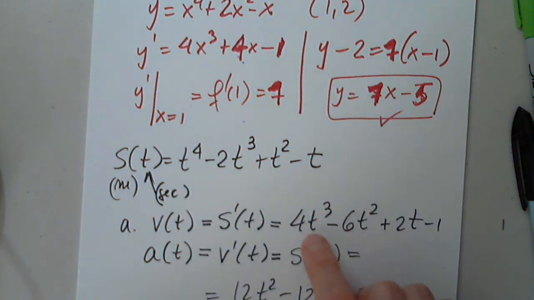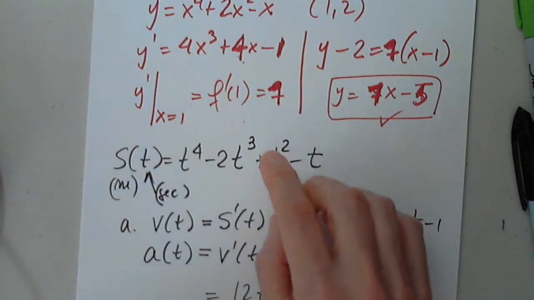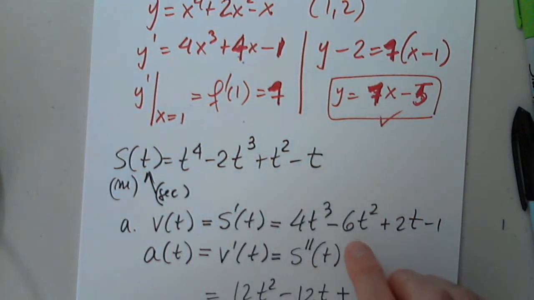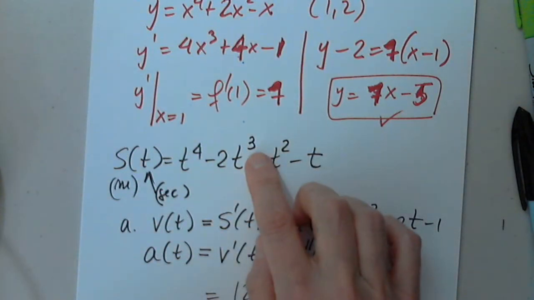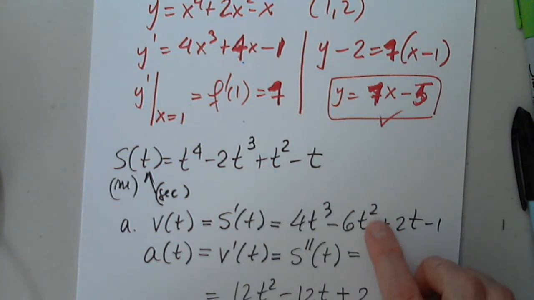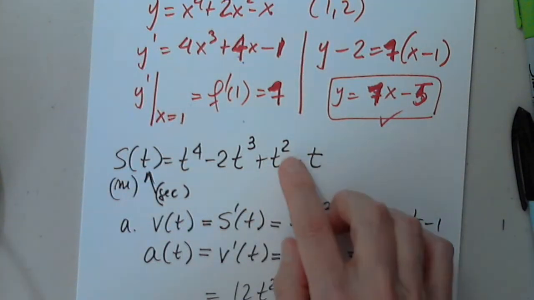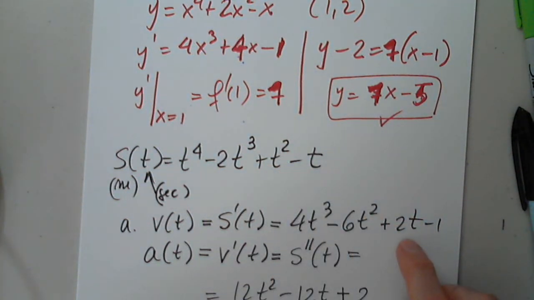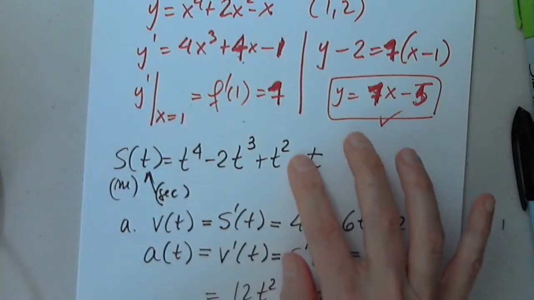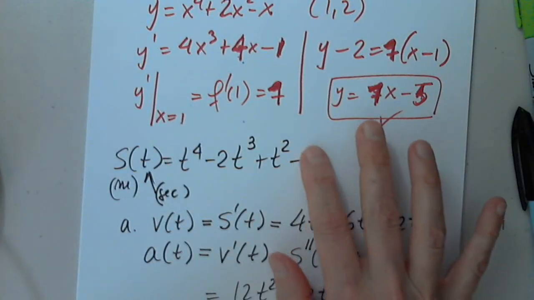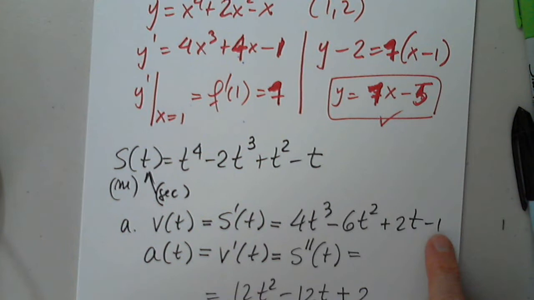So 4 in front, subtract 1 from the power. Is this okay? Yes. Then we bring 3 down, we multiply, we get -6, and subtract 1 from the power. Yes. We bring 2 down, and we subtract 1 from the power. Yes. And then a long time ago today, we established that the derivative of this is -1.